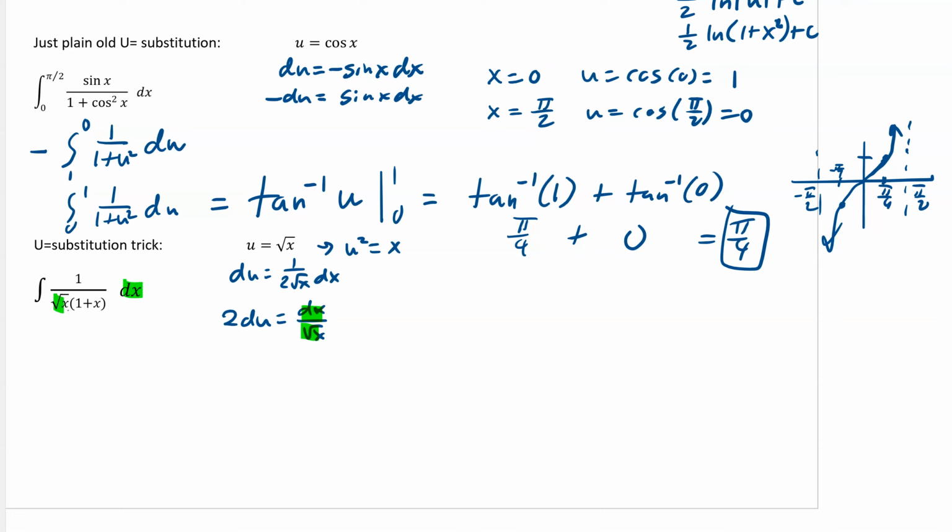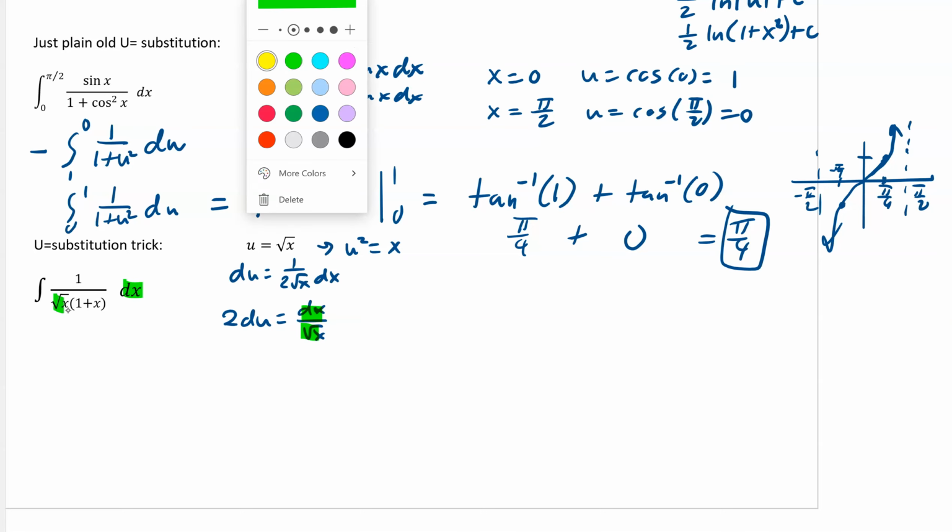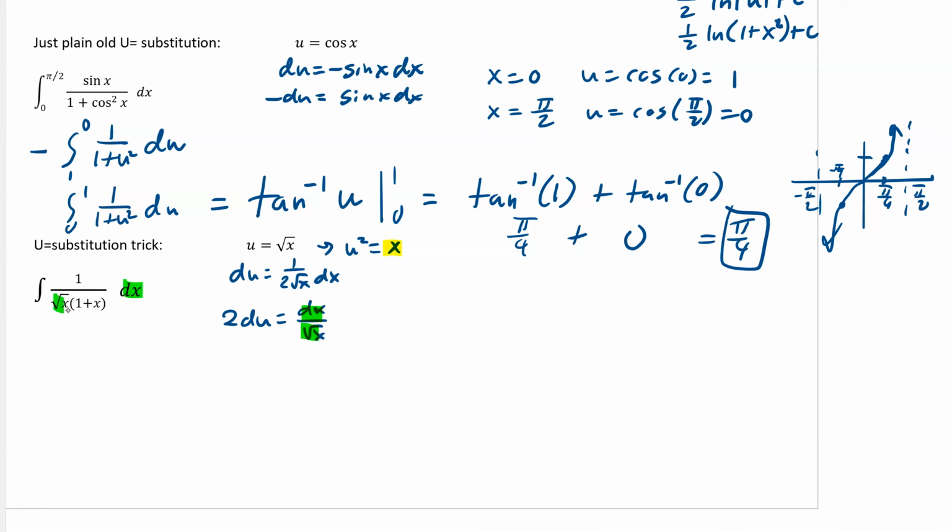Okay. So now let's go back, and I know that my x here is equal to u squared. See, I like to write everything so it's a direct sub. So this would become 2 du over 1 plus u squared. And you notice it's all u's now, right?